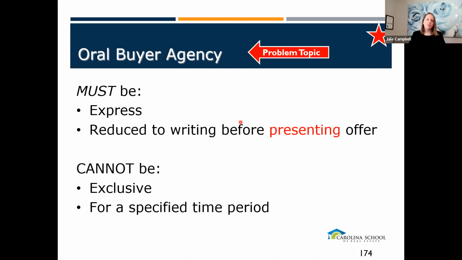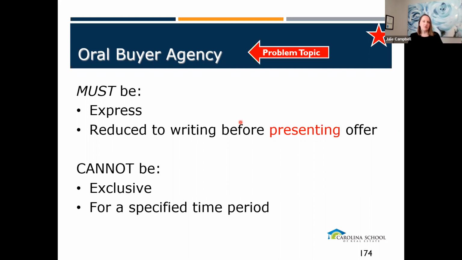If the seller changes their mind on dual agency, the only way they can change their mind is in writing. Because, for example, they've already said no in writing, and now they want to change their mind. The only way that they can change their mind is if they change it to yes in writing. Once it's in writing, the only way to change it is in writing.